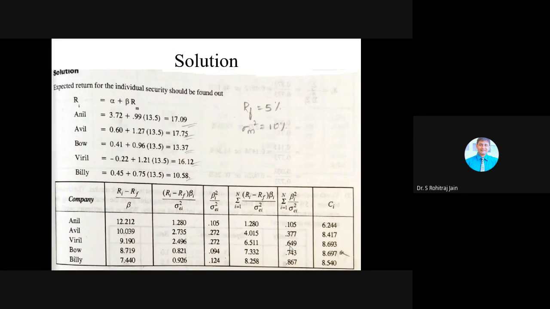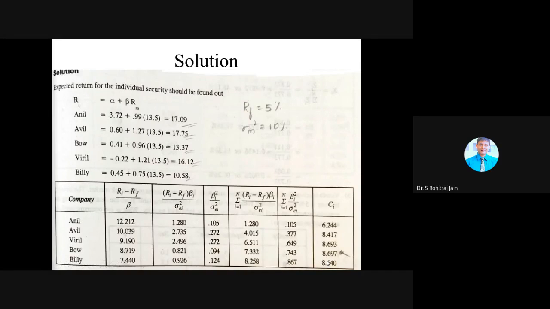For the fourth stock, the cutoff point is 10 multiplied by 7.332 whole divided by 1 plus 10 into 0.743. For the fifth stock, CI is equal to 10, the variance of the market, multiplied by 8.258 whole divided by 1 plus 10 into 0.867, which is equal to 8.540.